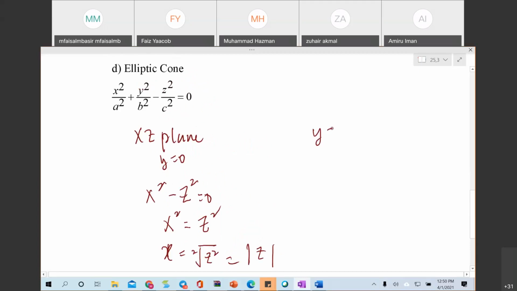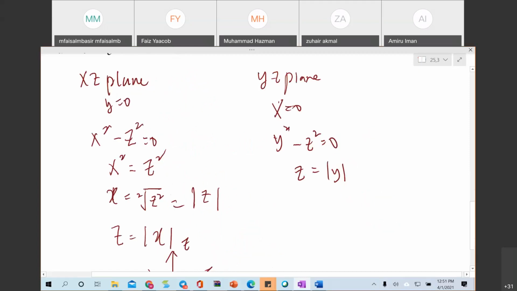And then what do I have? Get plane x0. So this is the same thing, right? At x0, we have y squared minus z squared equals 0. z equals modulus y.